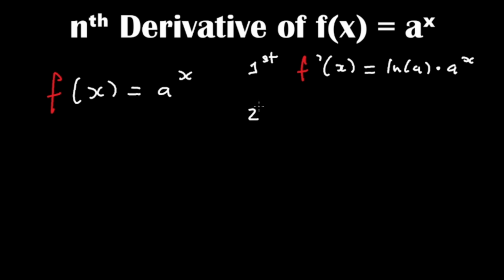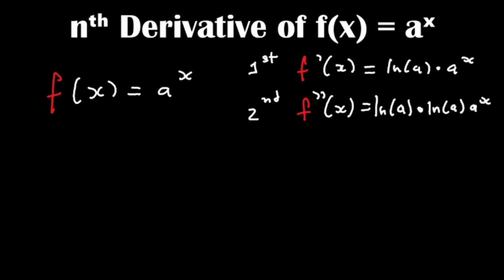Okay. Now the second derivative. We have this natural log a out in front. We can just keep that out in front, didn't change anything. And then the derivative of a to the x, we already said that was natural log a times a to the x. So now we have two natural log a's. So this is natural log a squared times a to the x.